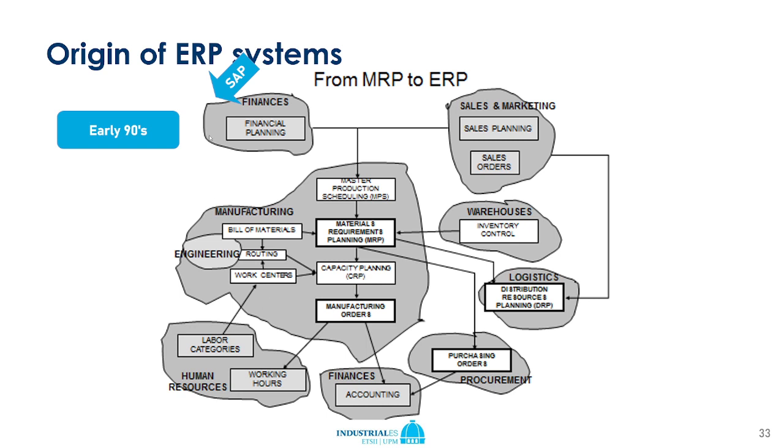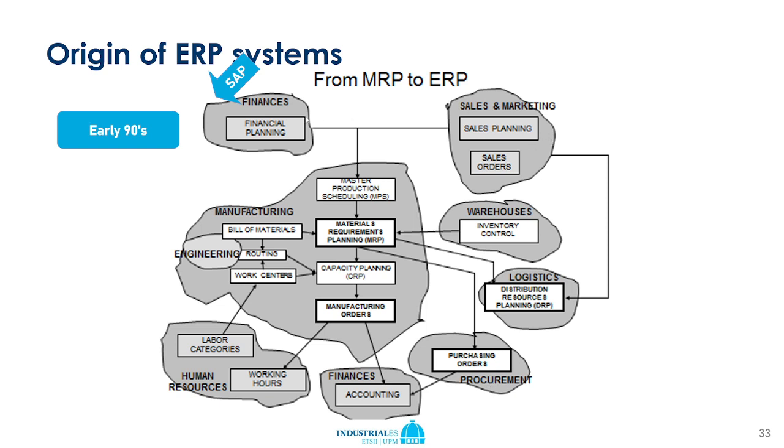Finally, in the 90s, what happened is that there were systems like this, but in different areas of the organization. This was a very mature system, the MRPs, but we also had different systems within different areas. We have similar systems, but with the corresponding processes in human resources, finance, and so on.